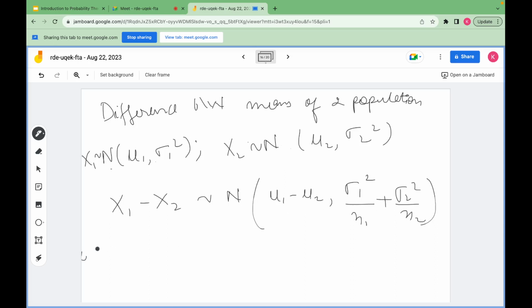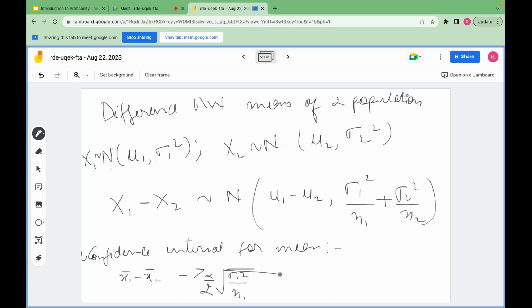So the confidence interval for the mean will become x1 bar minus x2 bar minus z alpha by 2 times the square root of sigma 1 square by n1 plus sigma 2 square by n2. I am just writing here minus plus, so this is from minus to plus.